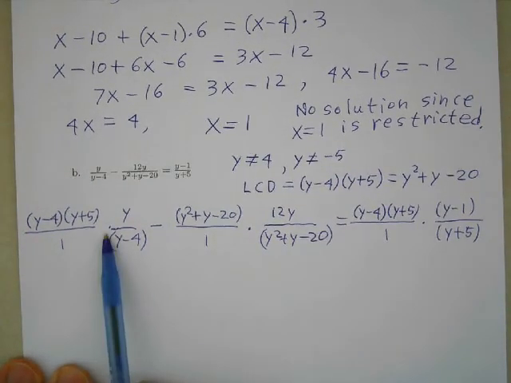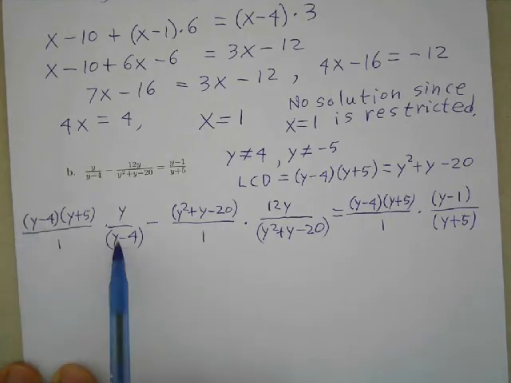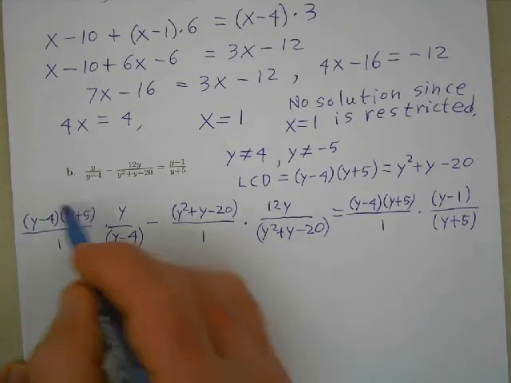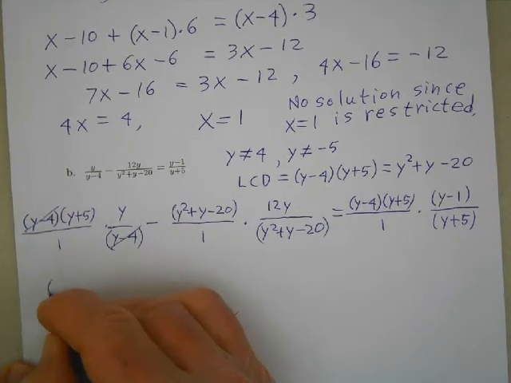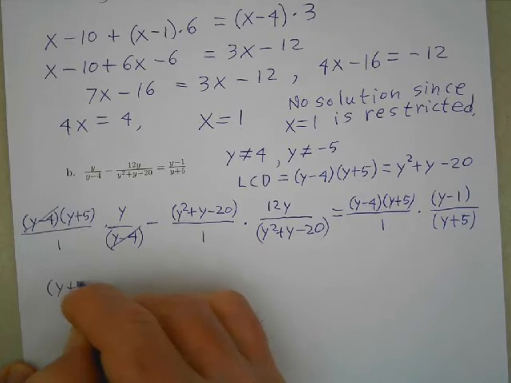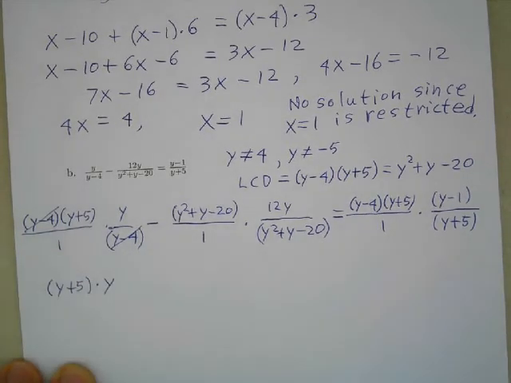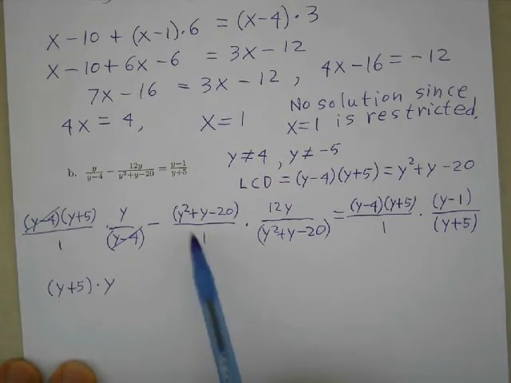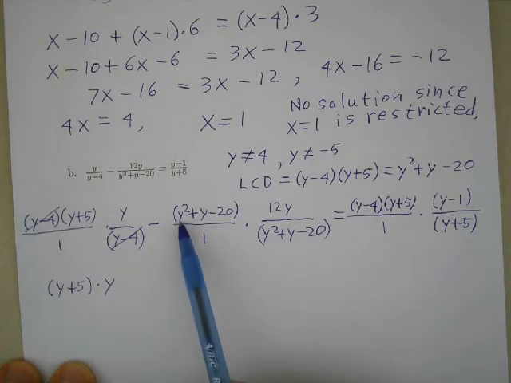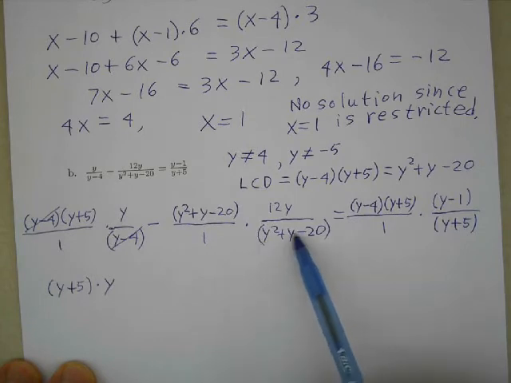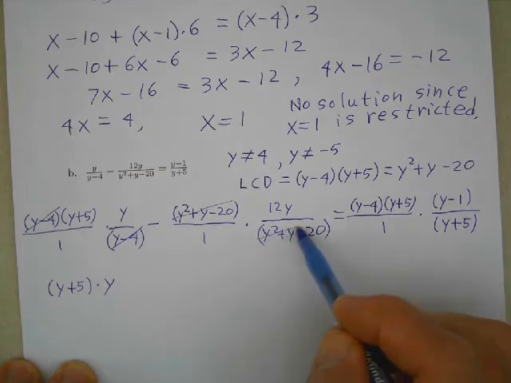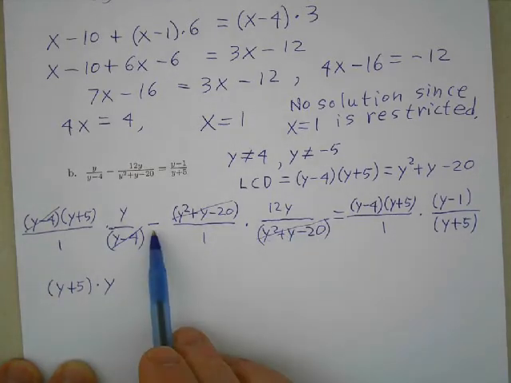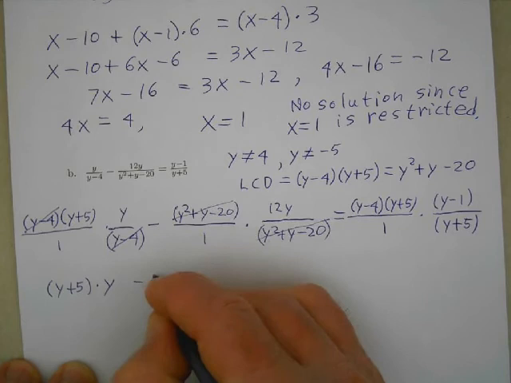So in this first product, the y minus 4 from the numerator and the y minus 4 from the denominator, they cancel each other out. So that leaves us with y plus 5 times y. In the next product, the entire trinomial factor, y squared plus y minus 20, divided by the same trinomial factor in the denominator, a number divided by itself equals 1, and we're just left with minus 12y.